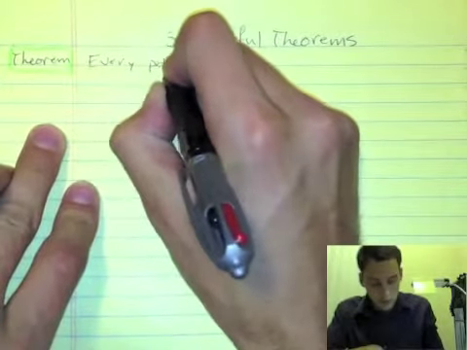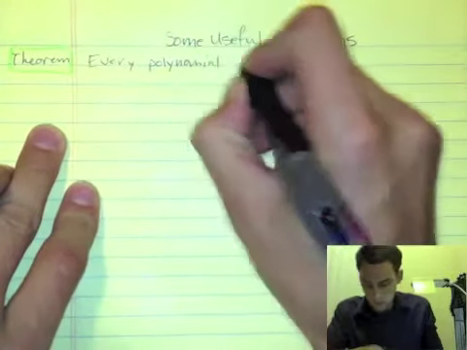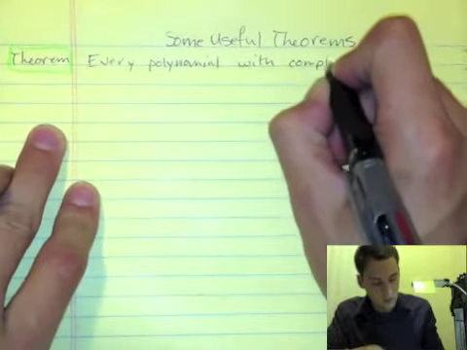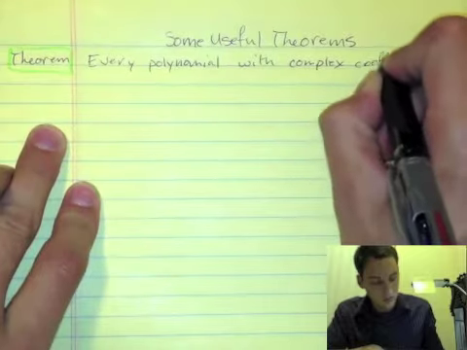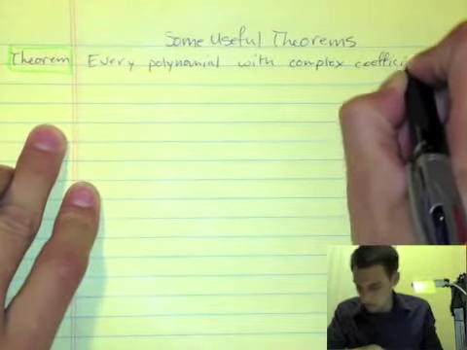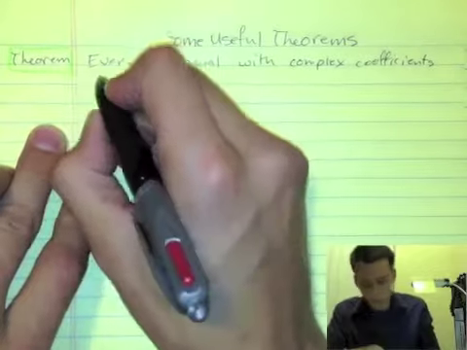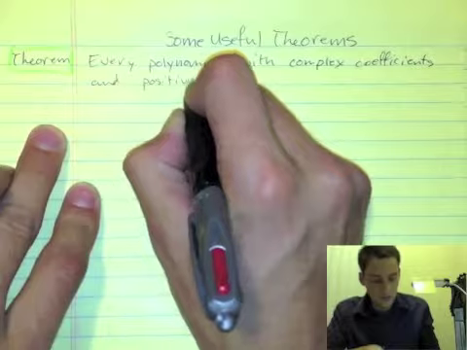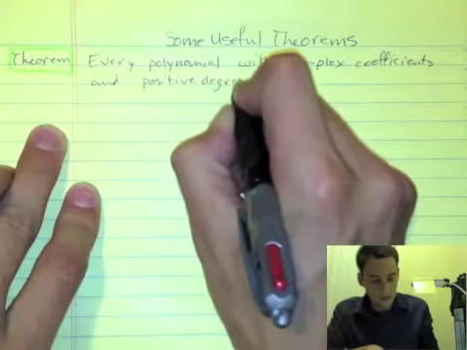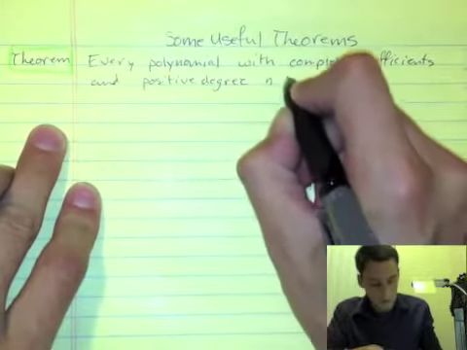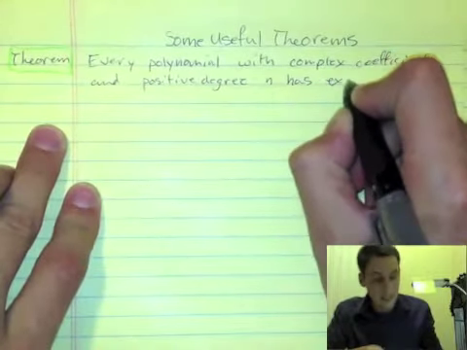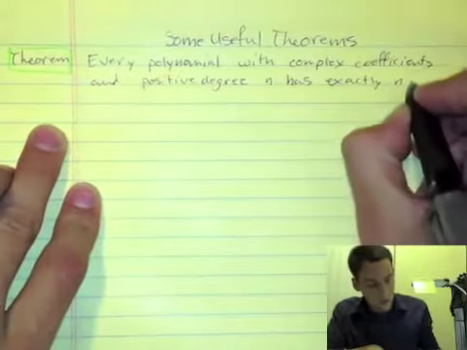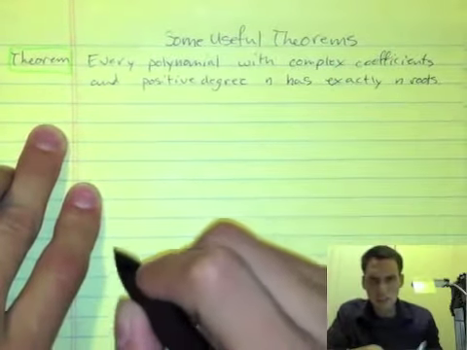Every polynomial with complex coefficients and positive degree n has exactly n roots. What does this mean?